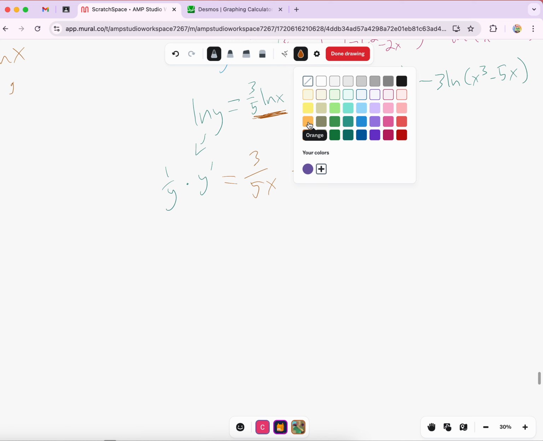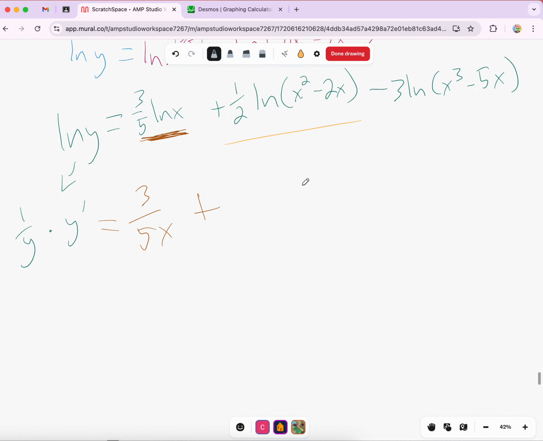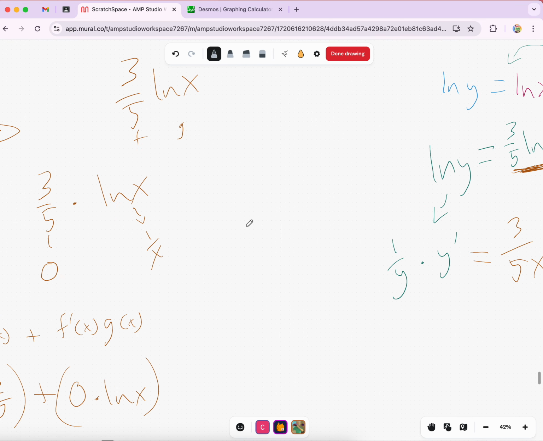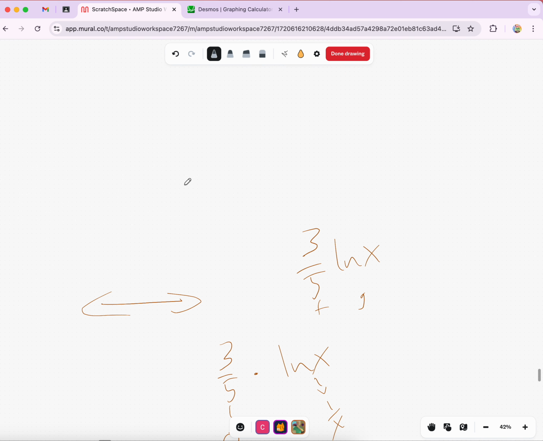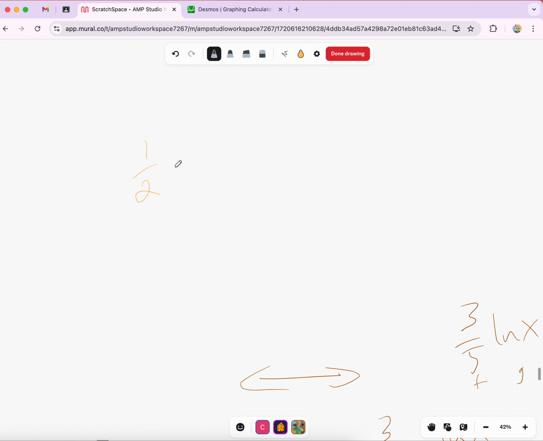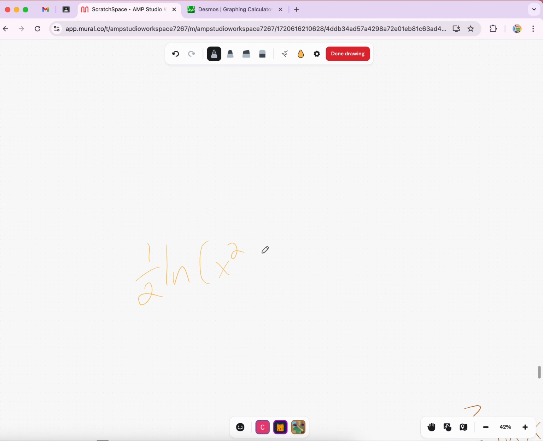okay, let's do the next one. I'll do the next one in orange. So we're going to derive all of this. Okay, so we've got 1/2 natural log of x squared minus 2x.